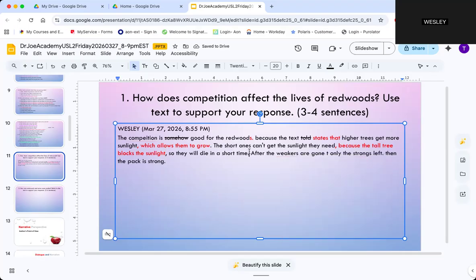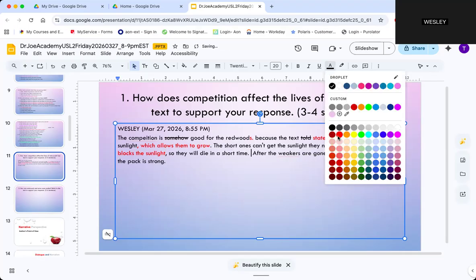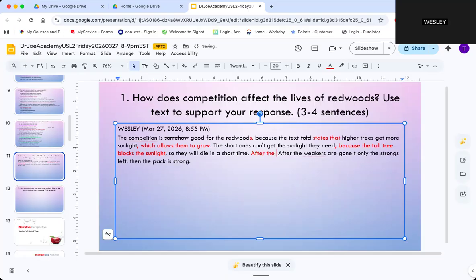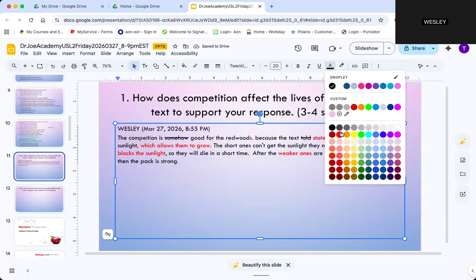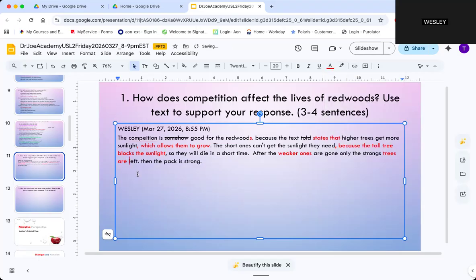After the weaker ones are gone, only the strong trees are left, making the pack strong and resilient.